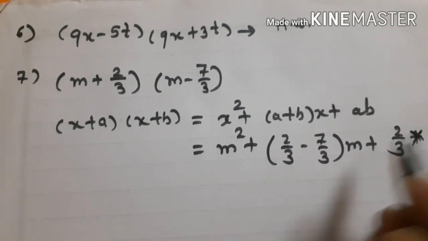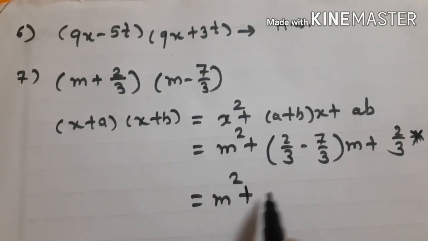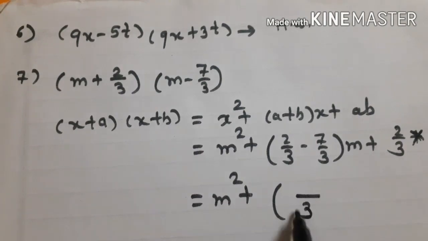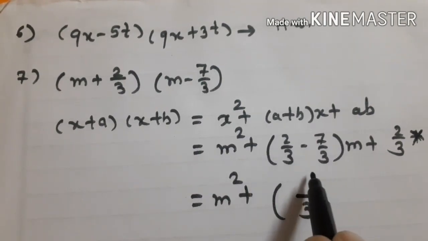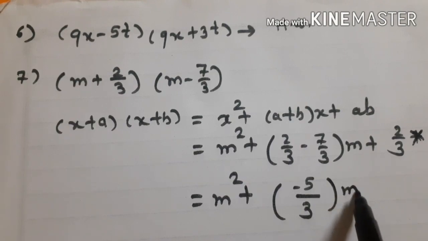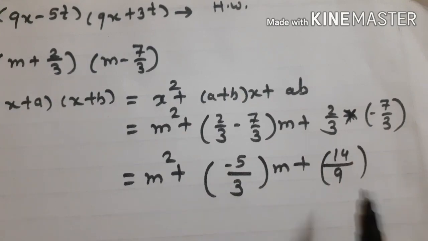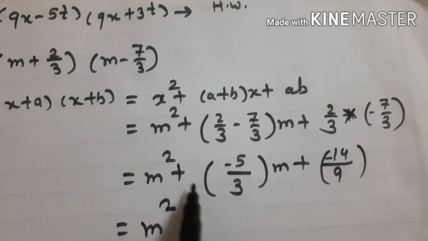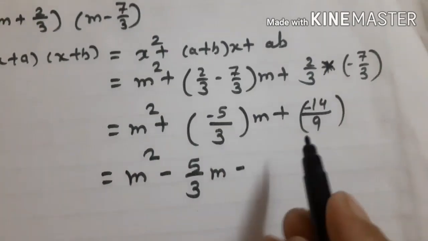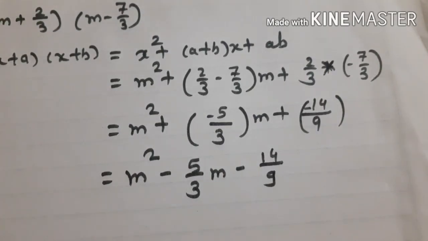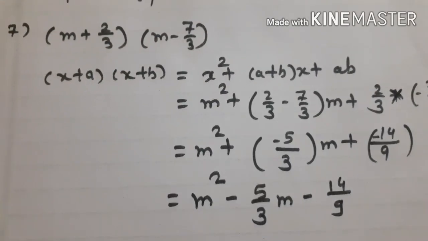Now m square plus, the bases are the same, so write 5 by 3, 7 minus 2 is 5, give the bigger number's sign, into m, plus product: 7 into 2 is 14 and 3 3s are 9, and the product here is minus. Now m square plus minus minus 5 by 3 m plus minus minus 14 by 9. This is the seventh one.